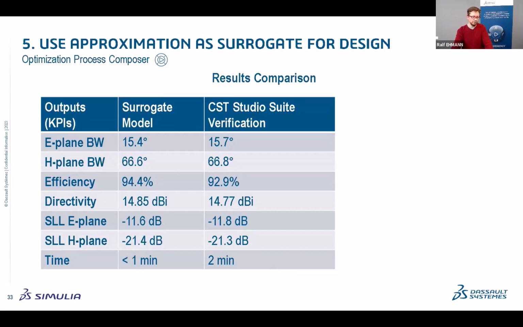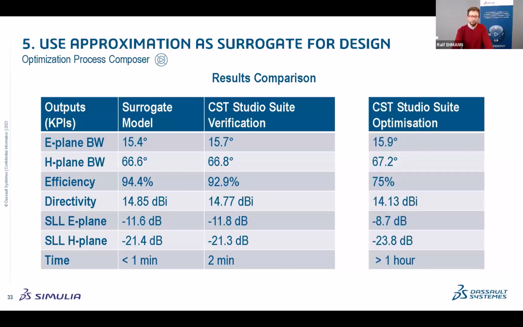Even the side lobe levels, which I said didn't have a good approximation, were also well predicted by the surrogate model. And the surrogate model optimization ran within less than a minute. Our verification simulation was just 2 minutes. Now, if you compare that to our optimization in Studio Suite, that took more than an hour. So at this point, this looks like a really good alternative.